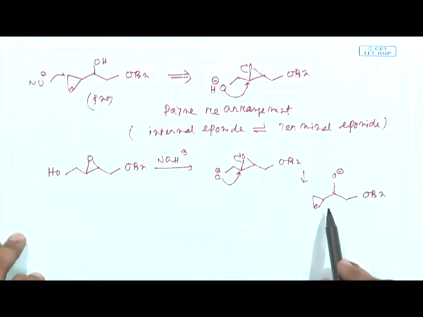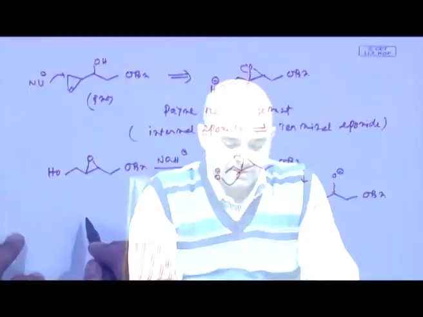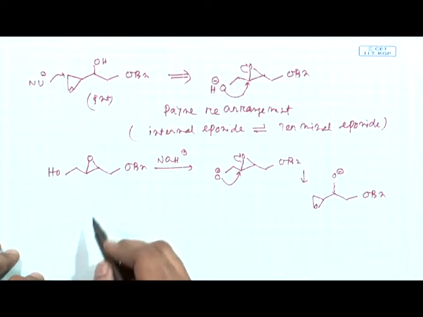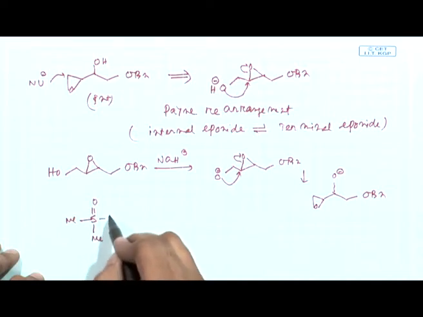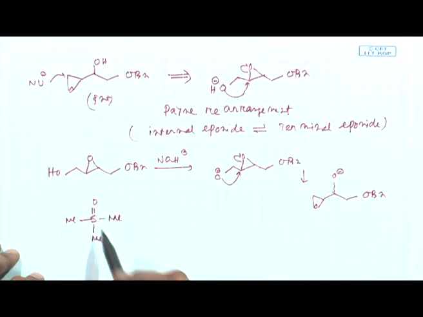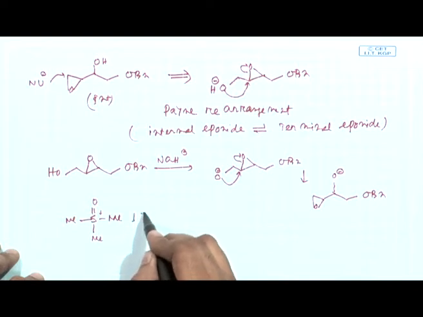Now, this terminal epoxide, we treat with an external nucleophile which can also give you an extra carbon. This particular nucleophile, which we used in the Corey-Chaykovsky reaction if you remember, is trimethylsulfoxonium iodide, with S plus and I minus.